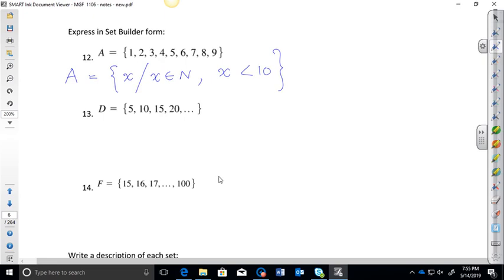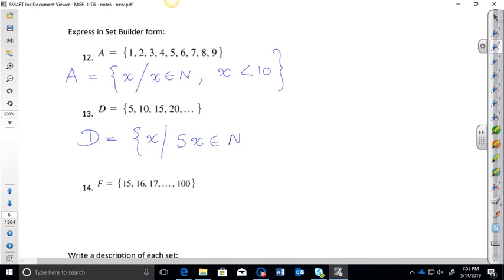How do I write this? D equals the set of all x such that x is an element of natural numbers greater than 4. But they are multiples, right? So can I write 5x? 5x, right? 5 times 1, 5 times 2, 5 times 3.